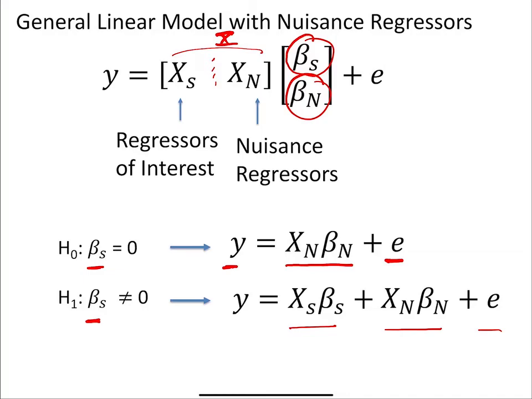So if these nuisance terms can explain a lot of my data, then there's actually no reason for me to reject the null hypothesis. That's going to be a very important point. If something you think is totally unrelated explains most of your data, then there's very little left for your model to explain.